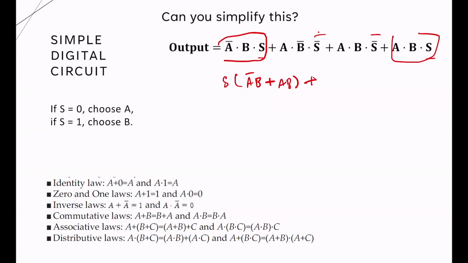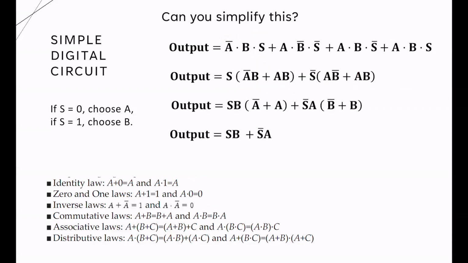And for the second one, you have S bar outside and A B bar or AB here. Anyway, you can simplify it simpler and simpler using all these laws, and then you have a smaller circuit at the end.